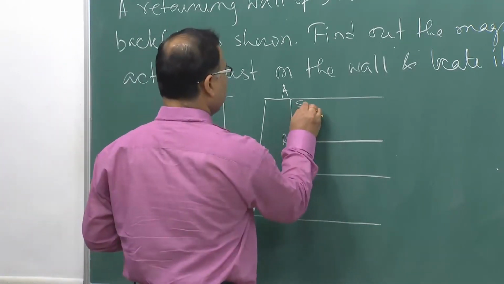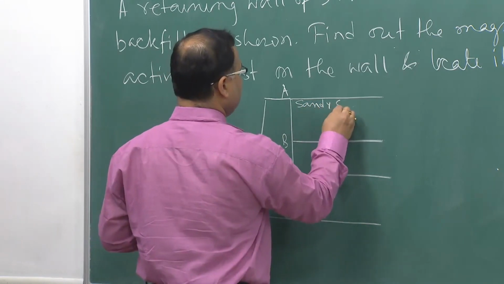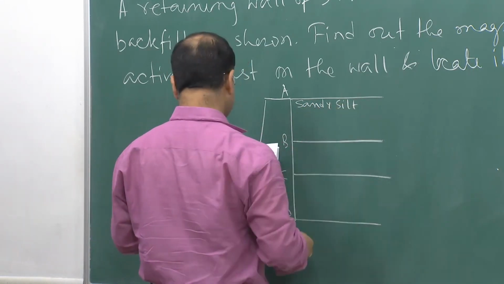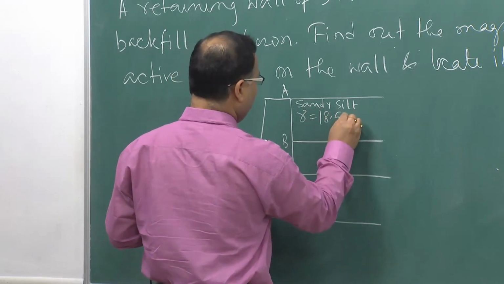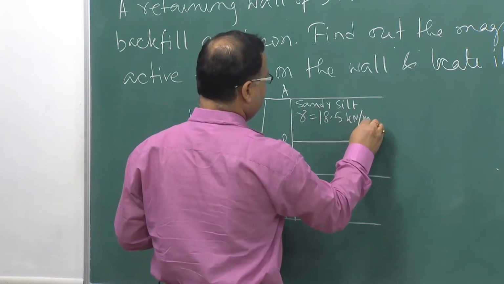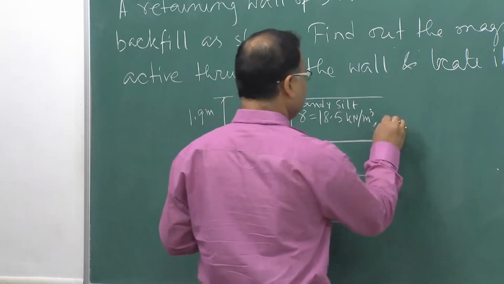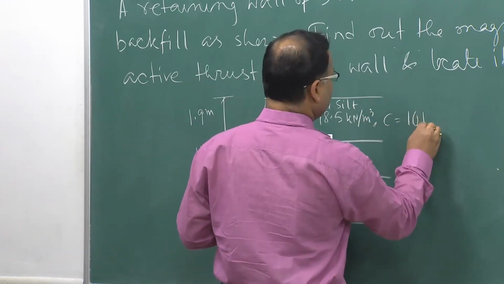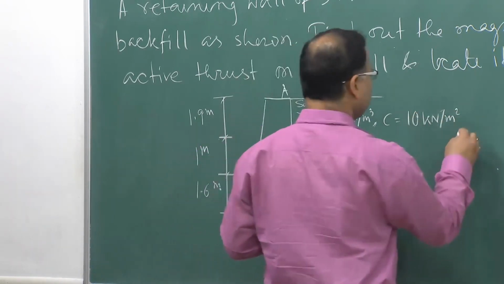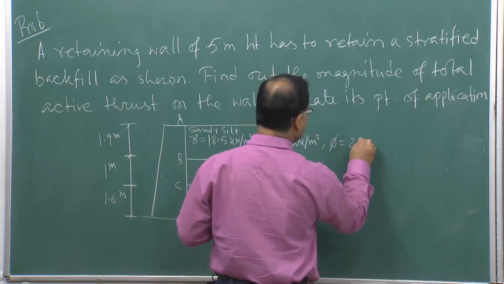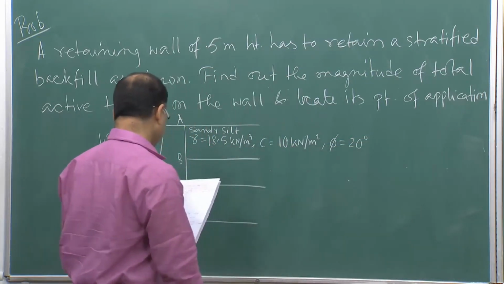And this is your sandy silt, which has gamma equal to 18.5 kilonewton per meter cube, C equal to 10 kilonewton per meter square and phi equal to 20 degree.